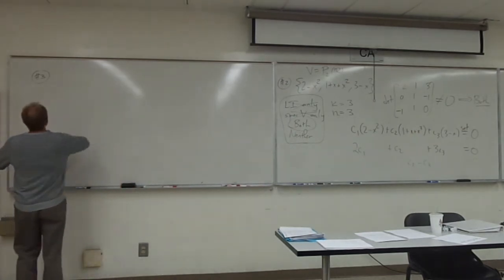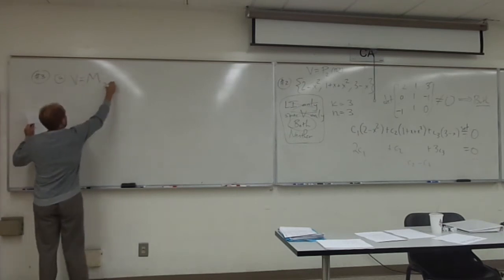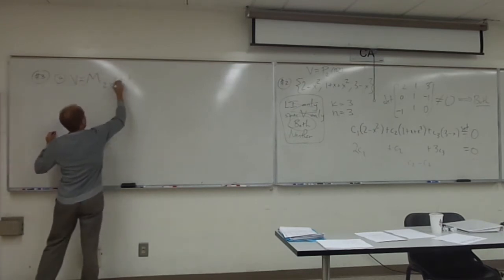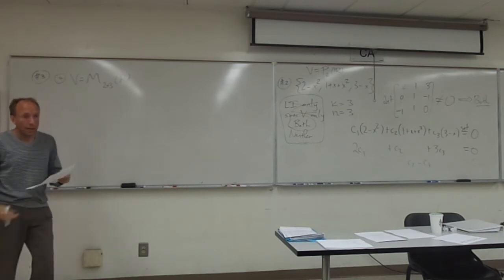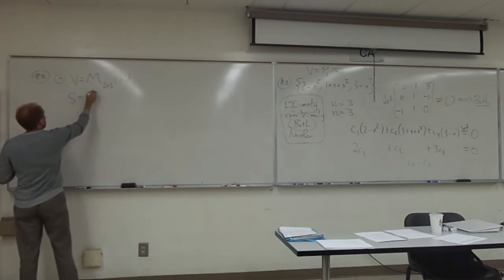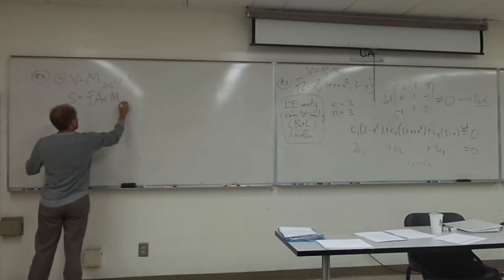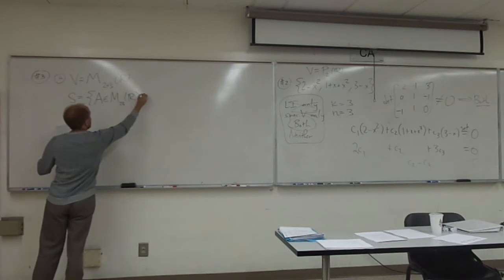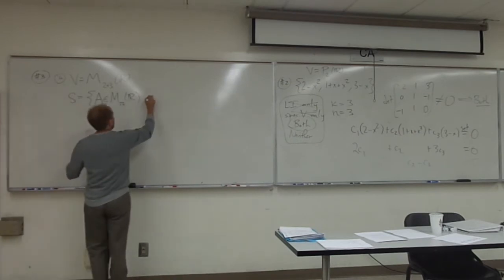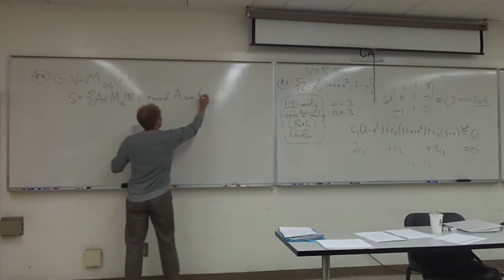Okay, so here's the first one. We're going to take the vector space of 2 by 3 matrices, so M2,3 of R, or 2 by 3, either way. And then S is going to be the set of matrices capital A in M2,3 of R, such that the rows of A sum to 1.